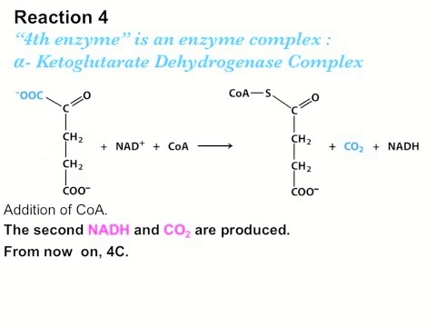The fourth enzyme is actually an enzyme complex, the alpha-ketoglutarate dehydrogenase complex. This is similar to pyruvate dehydrogenase complex. The reaction that alpha-ketoglutarate dehydrogenase complex catalyzes is shown below, in which alpha-ketoglutarate plus NAD+ plus coenzyme A yields succinyl-CoA plus carbon dioxide and NADH.